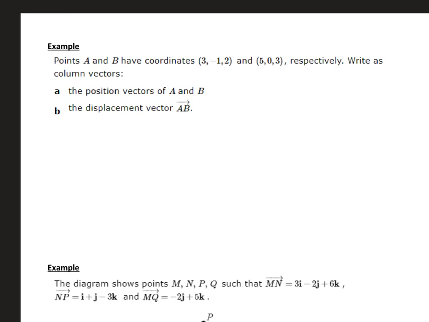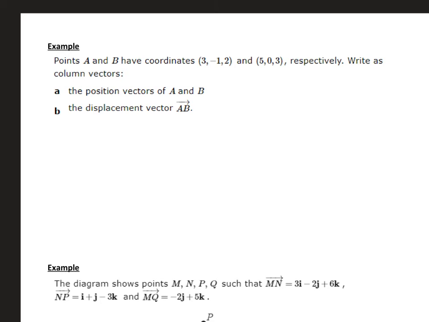Okay, the next one. You might want to try this one yourself. Points A and B have coordinates 3, minus 1, 2 and 5, 0, 3. Write as column vectors the position vectors for A and B, and work out the displacement vector A to B. In fact, you could probably do all this yourself.